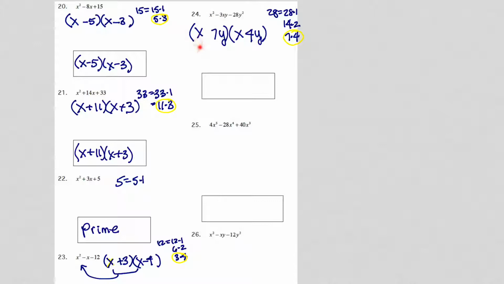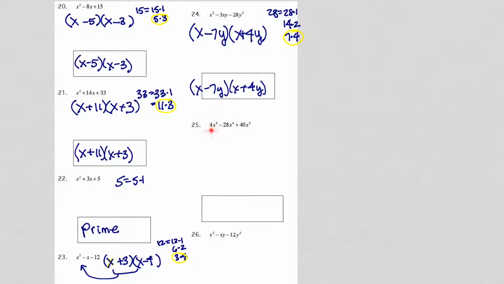Now, the way I've written mine, the outer product is 4xy, right? The inner product is 7xy. This one's bigger. So I'm going to put that minus sign right there. So x minus 7y, and then the plus sign will go here. So we'll write this: x minus 7y, x plus 4y.